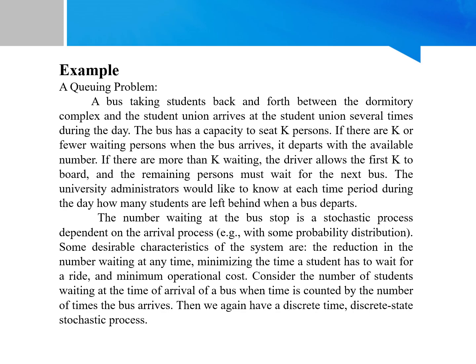So this example comprises two components: the state space, which is discrete, that is the number of persons waiting at the bus stop, and how many times the bus arrives and departs from the student dormitory and the student union office. So this is an example for a discrete time, discrete state space stochastic process.